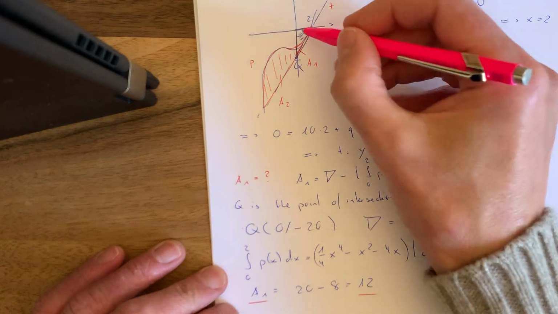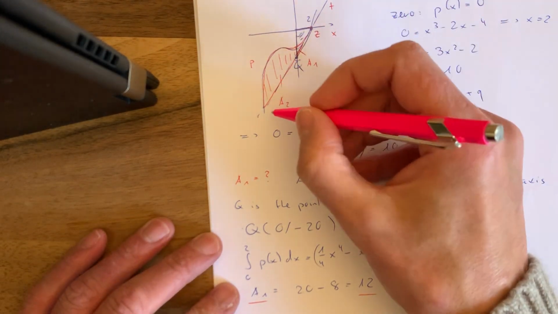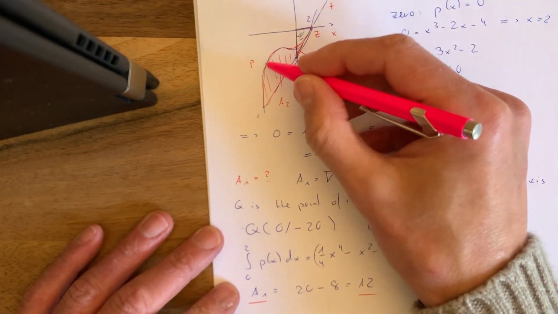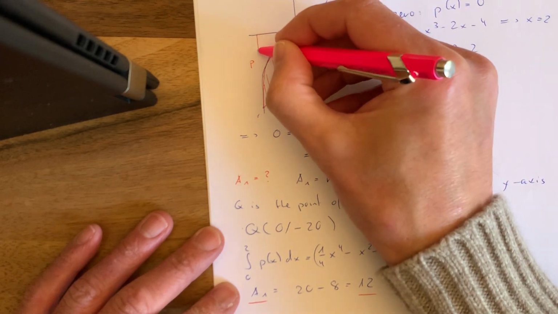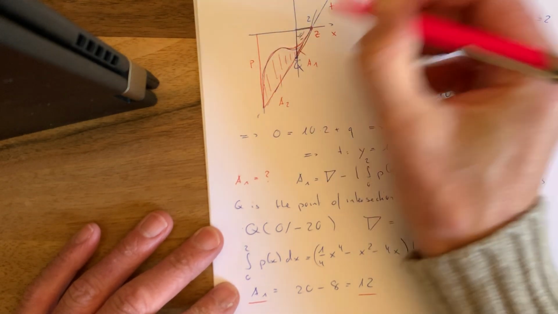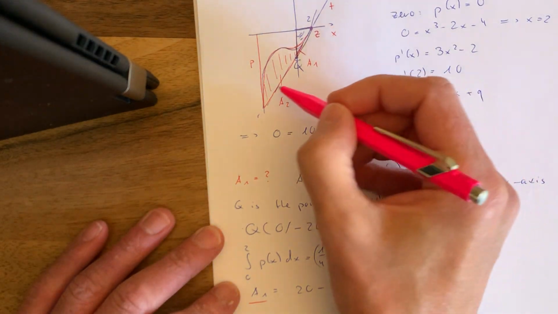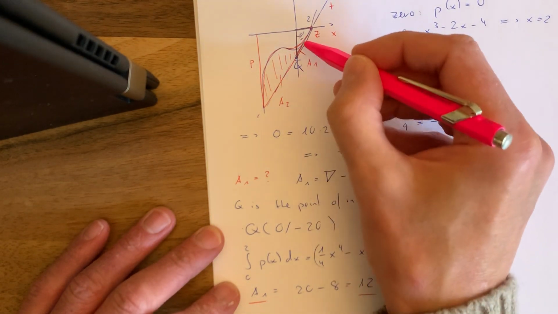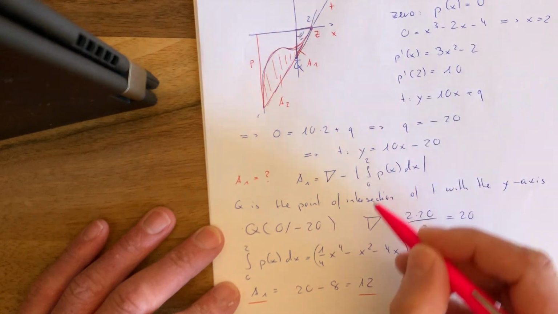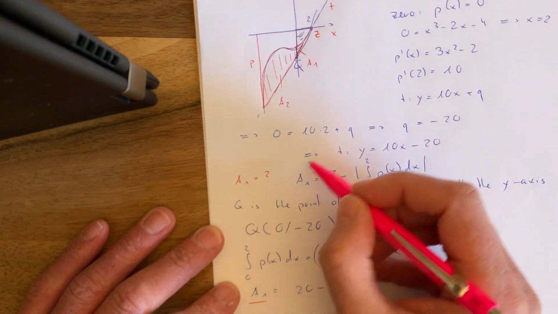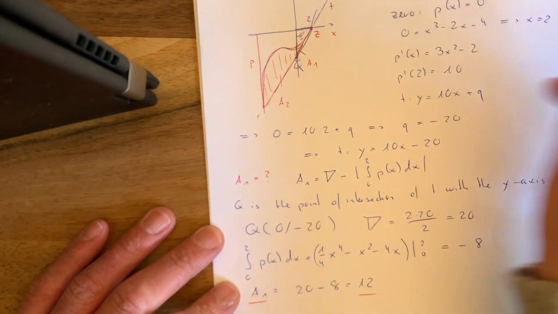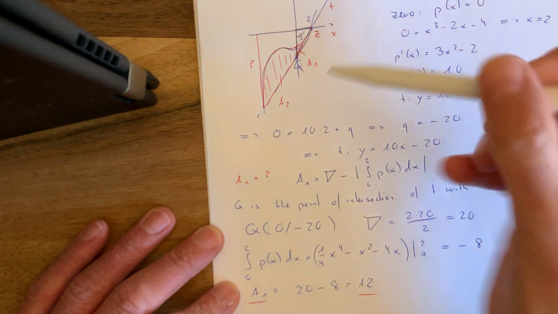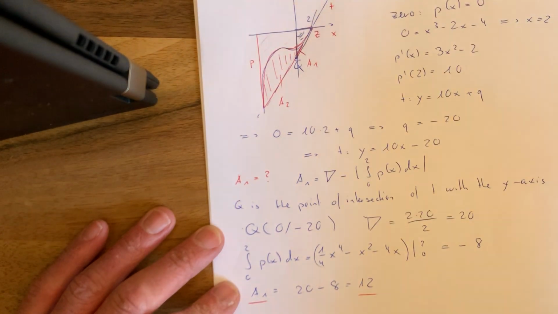The approach is similar as the one we've used here. However, we are not going to calculate A2 directly. Instead, we are going to add this line here. And then you see we can calculate A1 and A2 together with a similar approach as here. In fact, we are going to take the big triangle minus the integral, which is then here, the upper part. And then we get A1 plus A2.